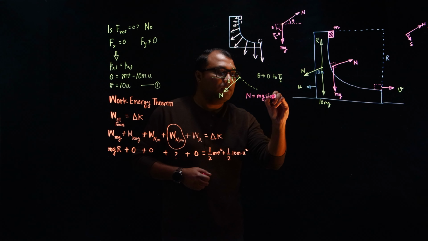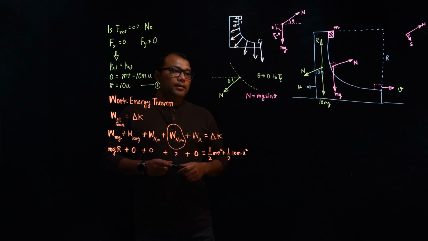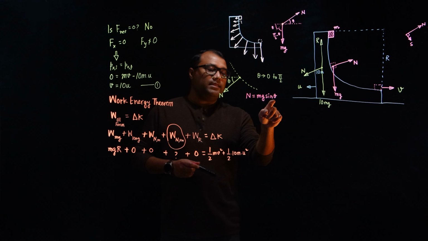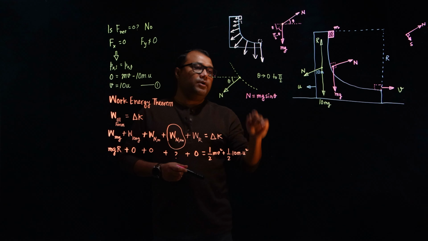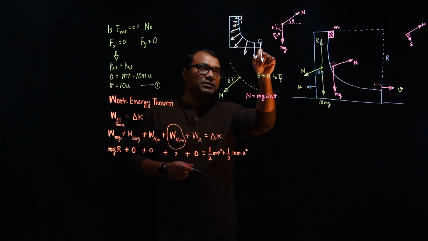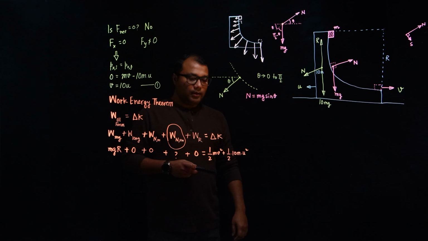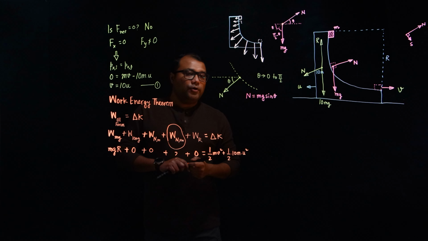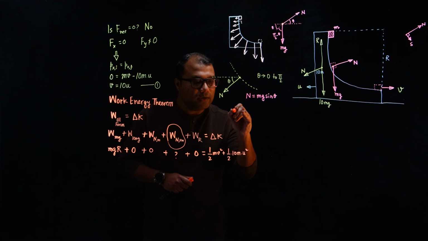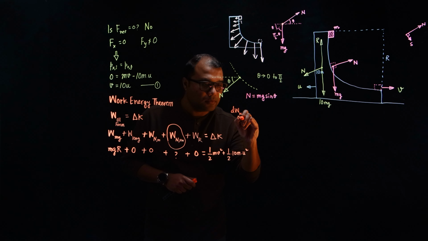So we got N as a function of theta. Obviously at 0, sin theta is 0, so N is 0 at this point, and when theta is pi by 2, sin theta is 1, so N is equal to mg at this point. So it makes sense. Now, what will be the work done? Let's say a small work done by this normal force on 10m.